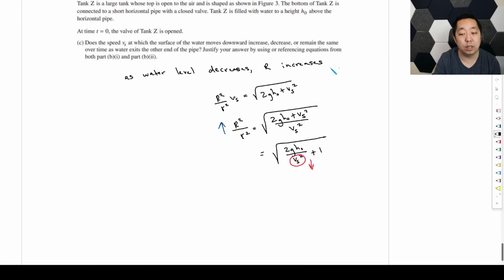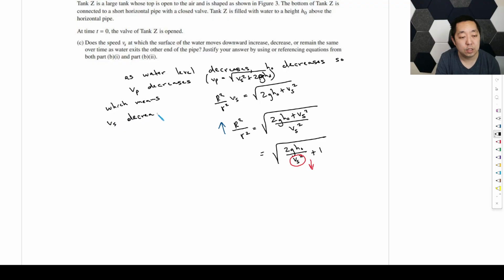So as the water level decreases, you could say h0 decreases, so vp decreases. You can refer to vp equals the square root of vs squared plus 2gh0, which means vs decreases from the equation R squared over little r squared vs equals vp.